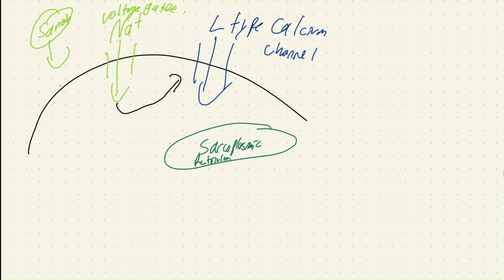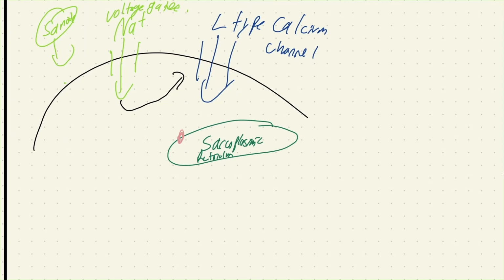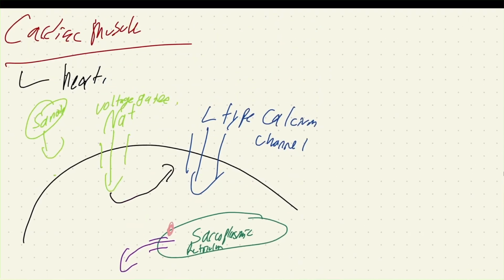I'll draw them a different color. It's going to bind right here, and that'll interact with the ryanodine receptor, allowing it to move calcium out. So this is called the cardiac muscle.